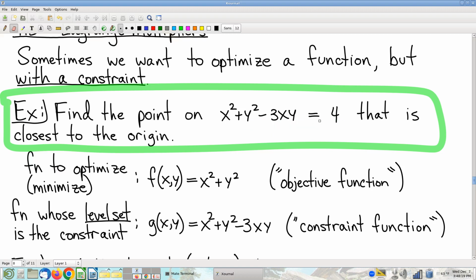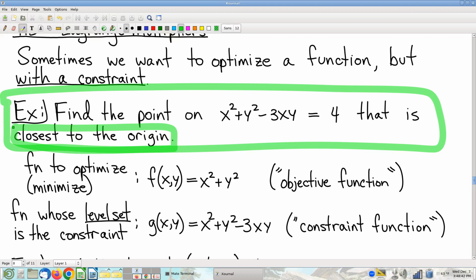Well, it's tempting to say that closest to the origin means I want to minimize distance. But do I just plain old simply want to find the point in the plane that minimizes distance to the origin? Because that's easy. That's the origin. The origin has distance 0 to the origin, right?